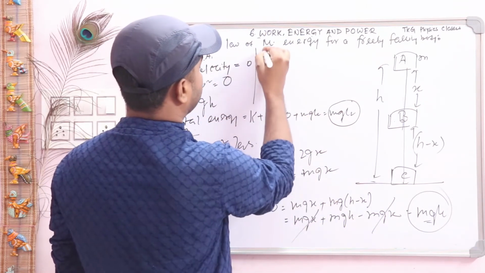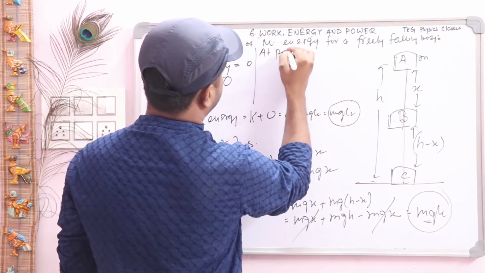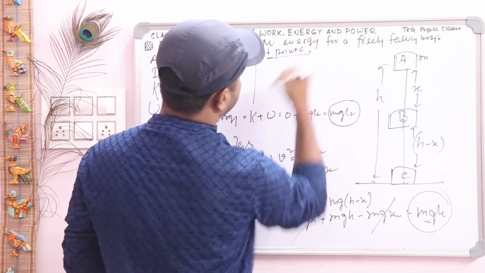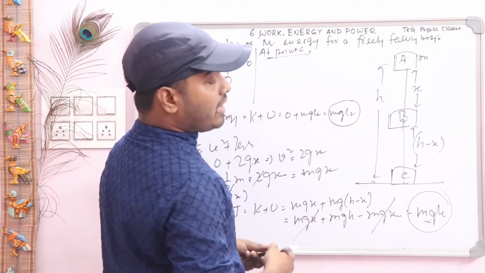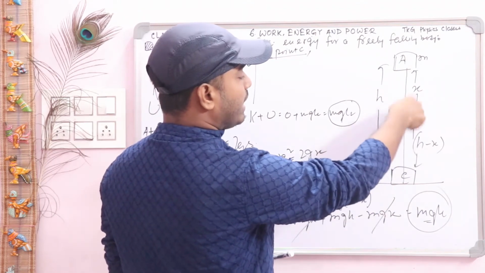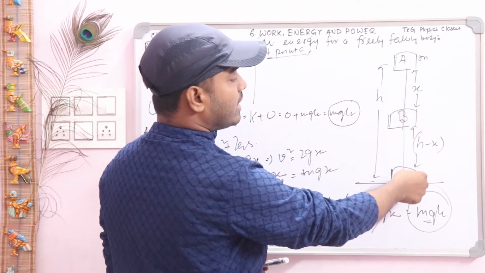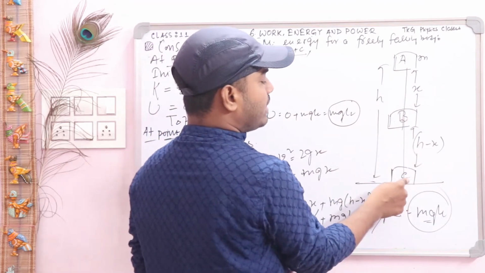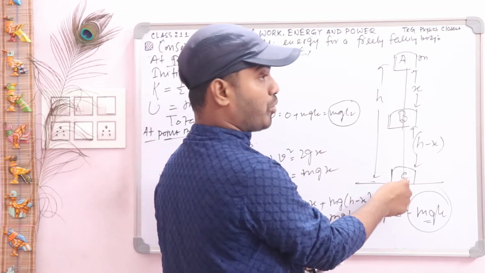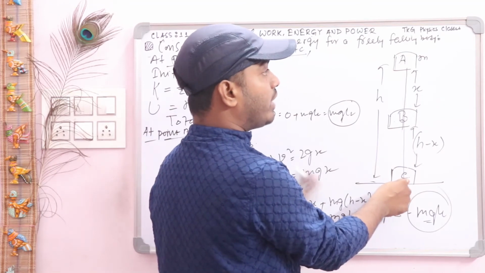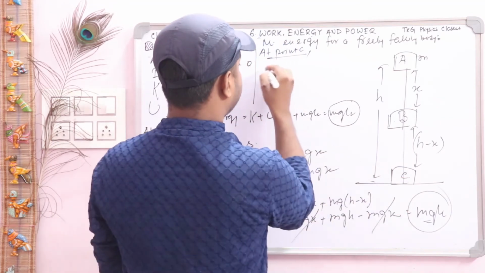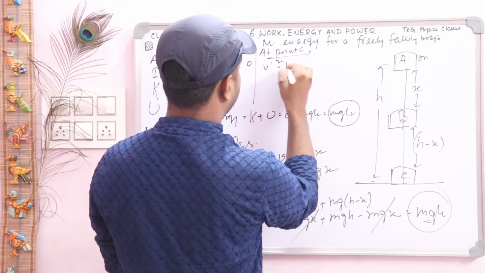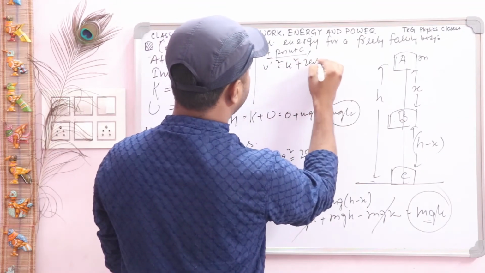Okay, find it. At point C, when the body is moving from A, B to C, what is the velocity? Suppose the body attains velocity v' at point C. Now here you have to find v'. So v' squared is equal to u squared plus 2as.